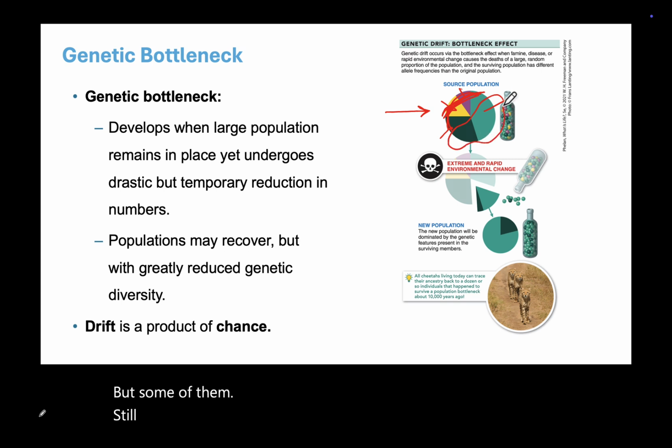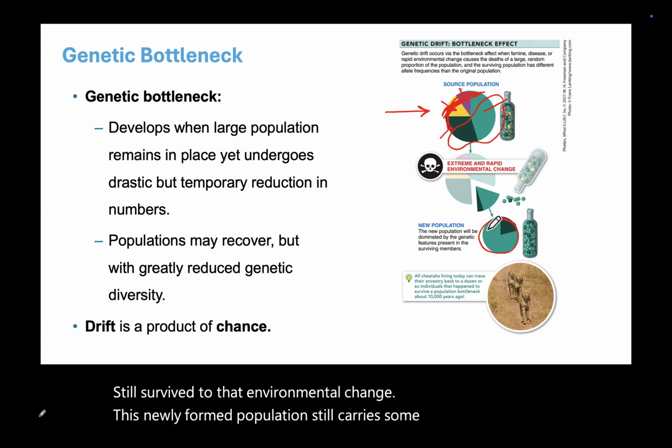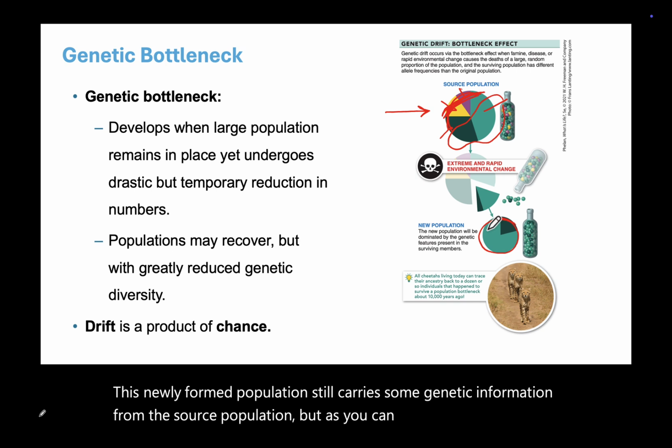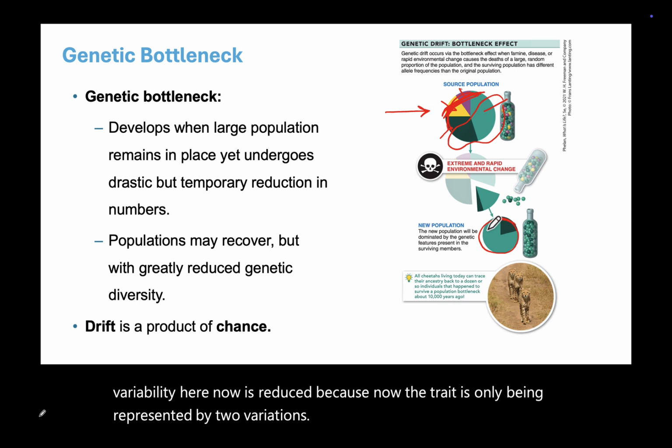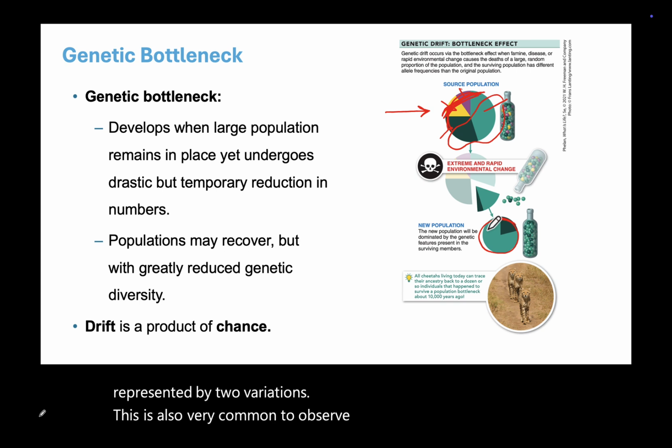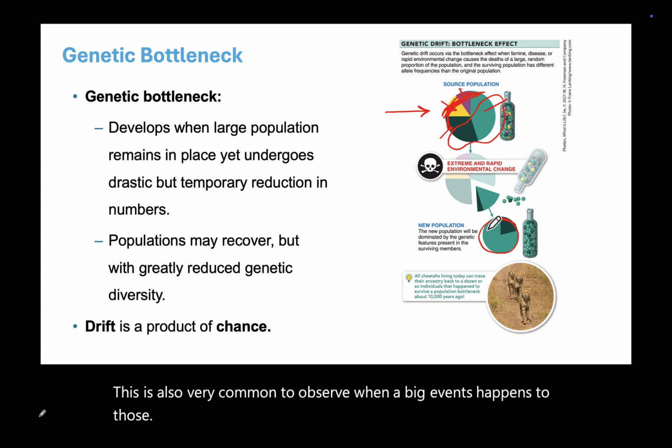This newly formed population still carries some genetic information from the source population, but as you can see, the genetic variability is now reduced because the trait is only represented by two variations. This is also very common to observe when big events happen to populations of animals.